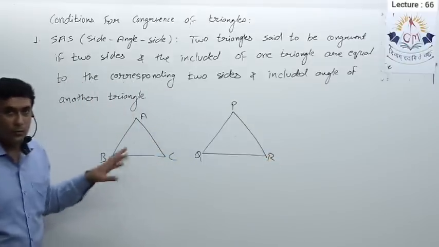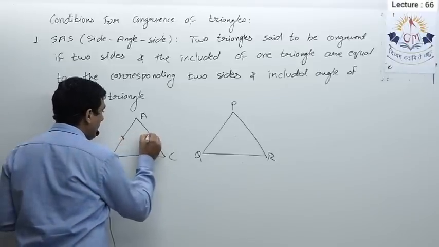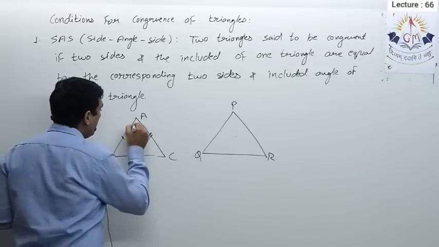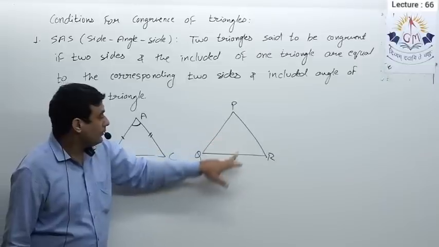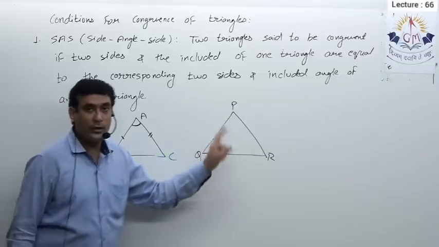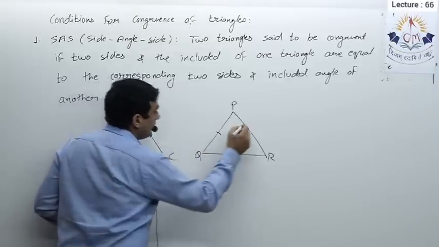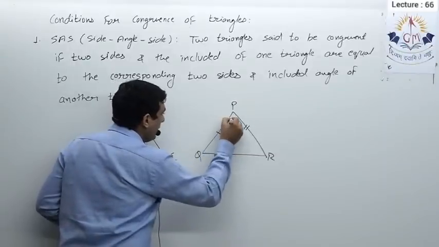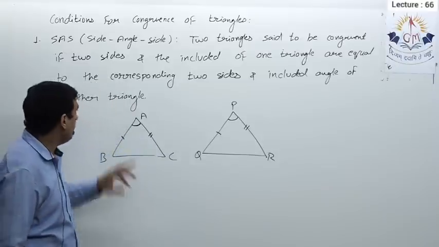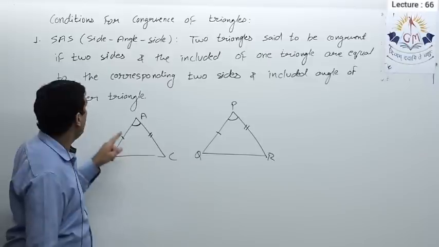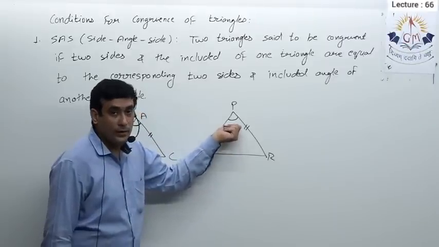Now we can say these two are congruent if two sides of one triangle and the included angle, for example, side AB and AC, and this will be the included angle, are equal to the corresponding two sides and the included angle of the other triangle.